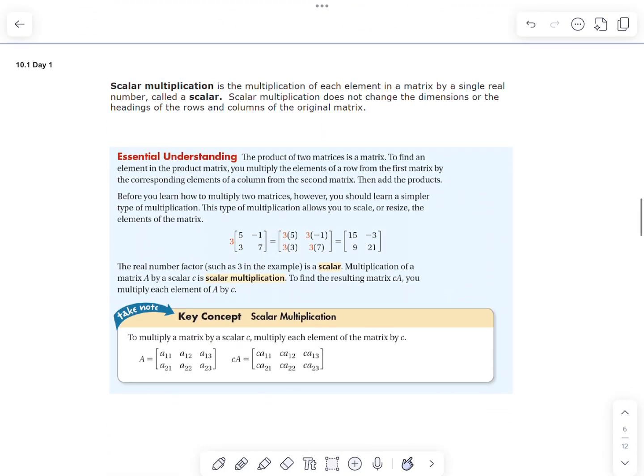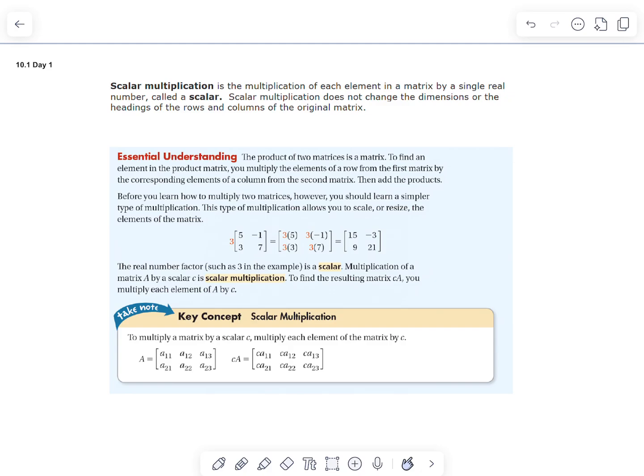The next thing is scalar multiplication. Scalar multiplication is when each element in a matrix is multiplied by a scalar. Scalar multiplication does not change the dimensions of a matrix. It's not going to change the number of rows and the number of columns.